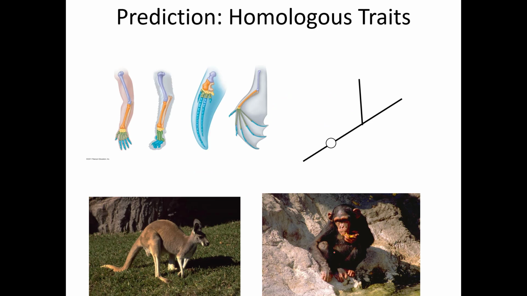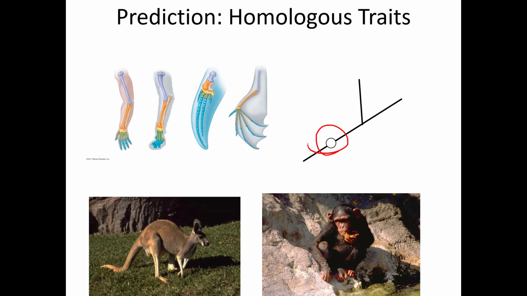So here are examples of homologous traits. The bones in our forearms are the same as the bones in the front legs of other mammals, in the wings of bats, and the flippers of whales, and the genes that code for those bones are similar in all of us. And once again, that's because all of us mammals, or all of us tetrapods, four-legged creatures, share a common ancestor that had these bones and had the genes for those bones.